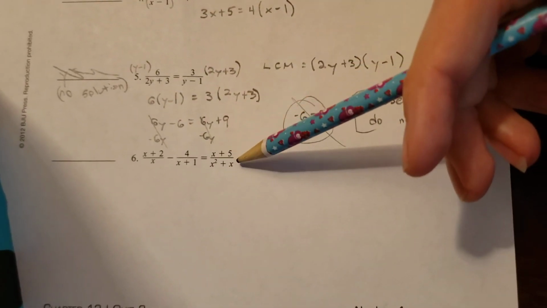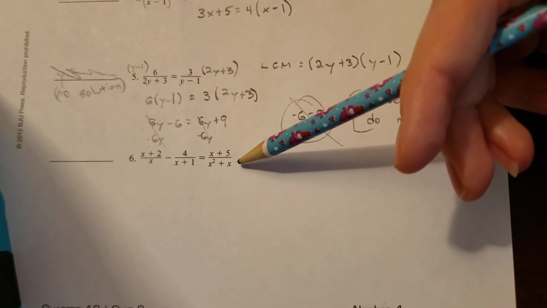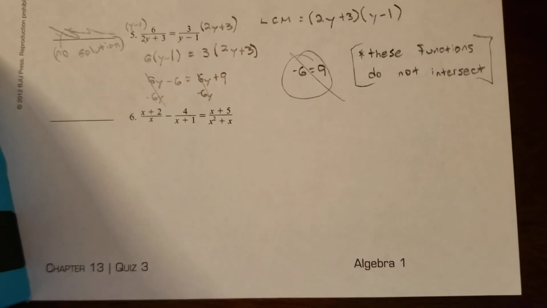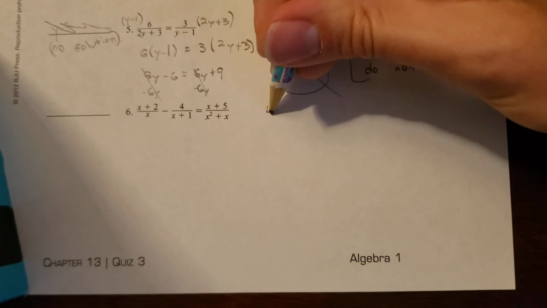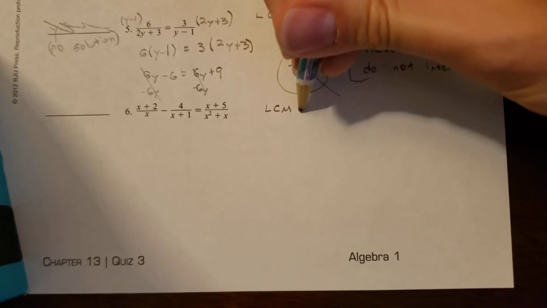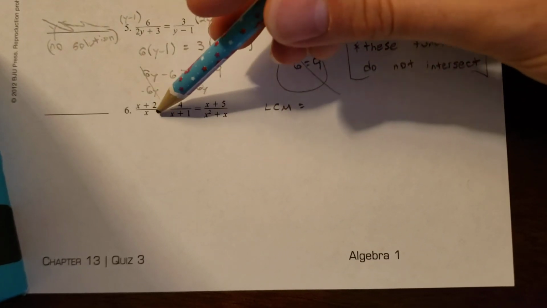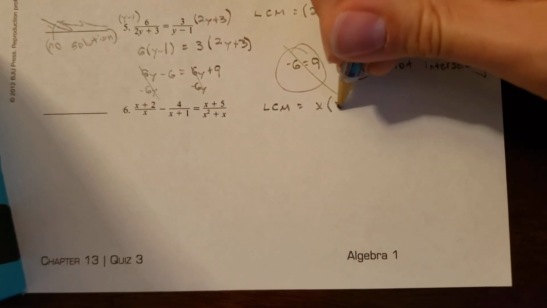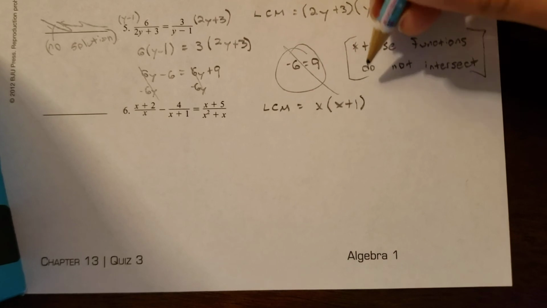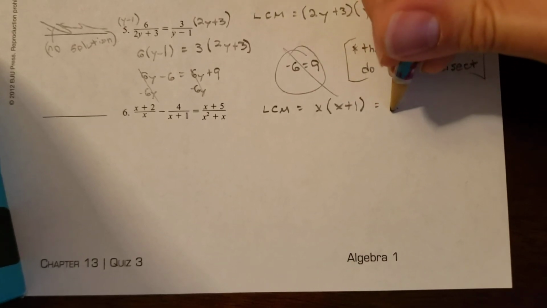Okay, again, number 6. Number 6 is actually going to be a lot easier than it looks, so I'm going to get you guys started on this. Again, we look for the least common multiple, which we know is going to be the bottom times the bottom, so x times x plus 1.